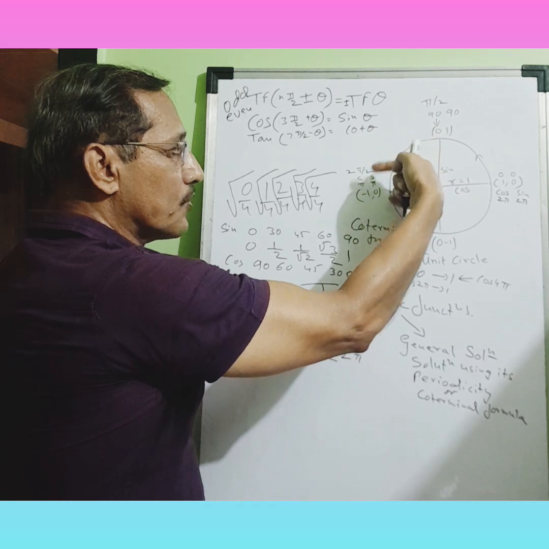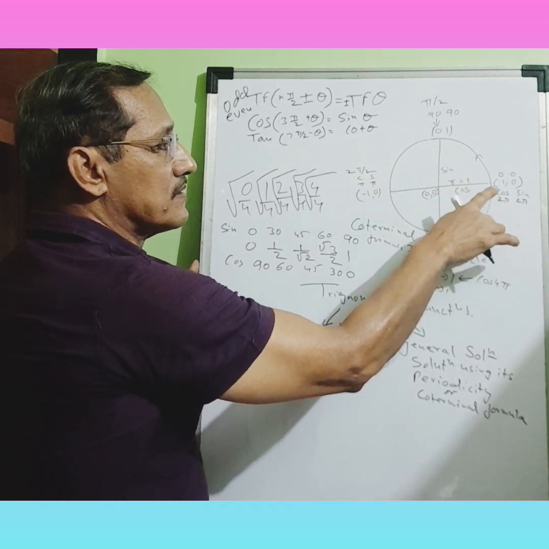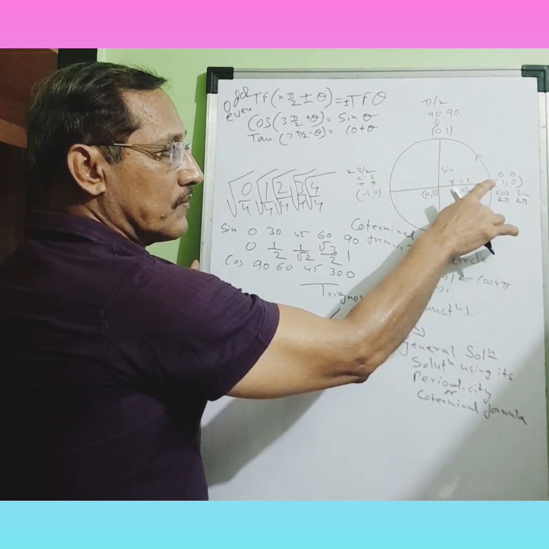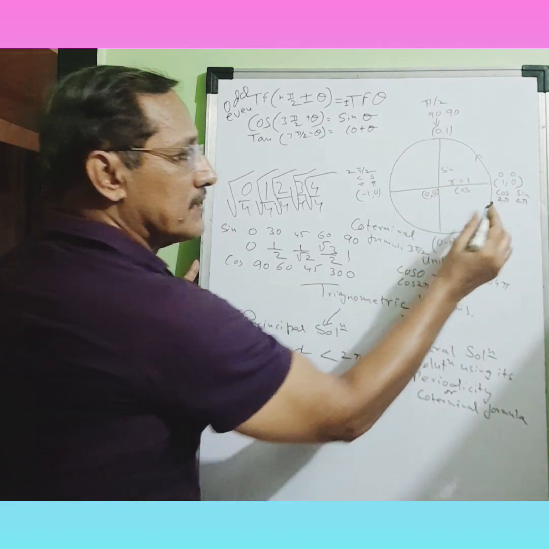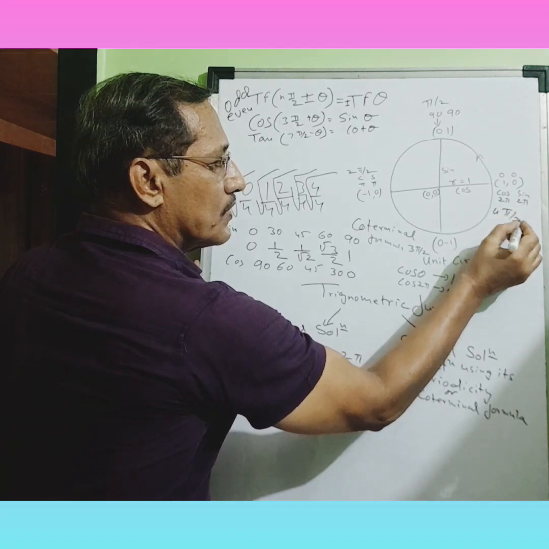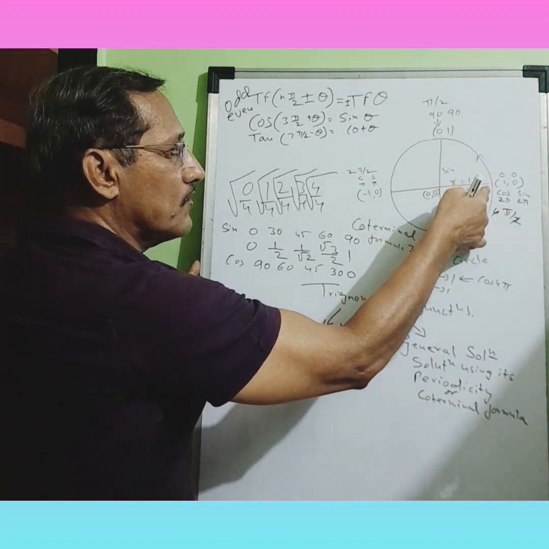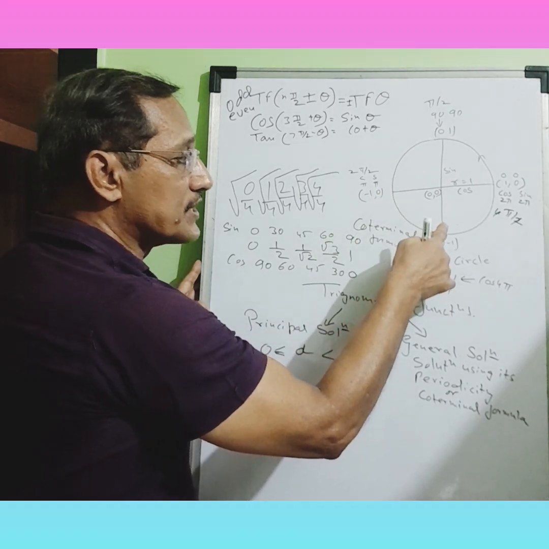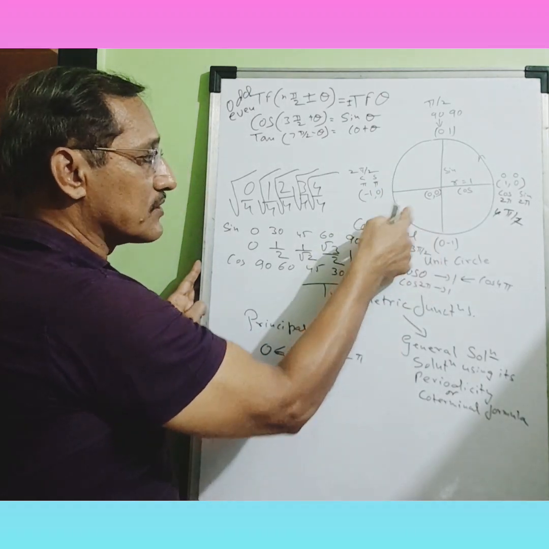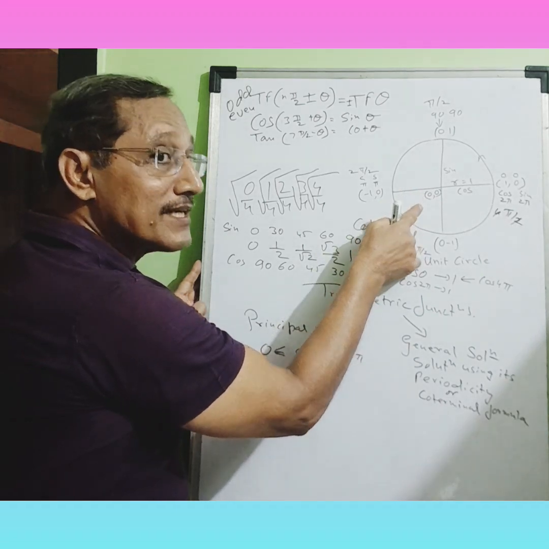So we know if we rotate like that, we get here 4 pi by 2, because 2 pi means 4 pi by 2. Then 5 pi by 2, 6 pi by 2, 7 pi by 2, and 7 pi by 2 minus theta. So it would be coming in the 3rd quadrant.